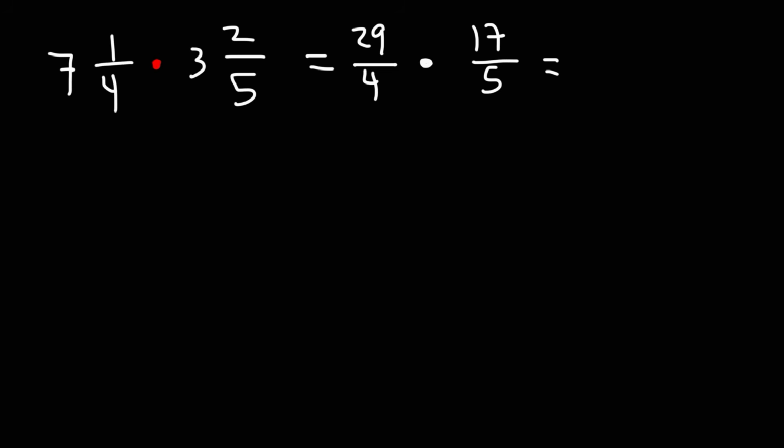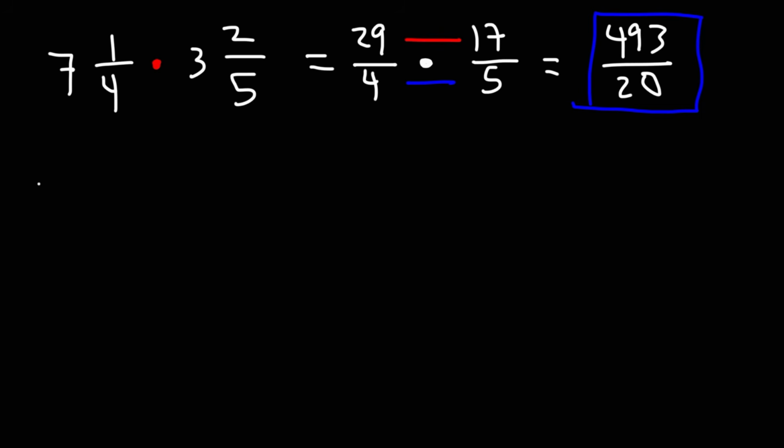And then all we need to do is just multiply across. 29 times 17, that's 493. And then 4 times 5 is 20. And so this is our answer. It's 493 over 20. And that's how we can multiply two mixed numbers.